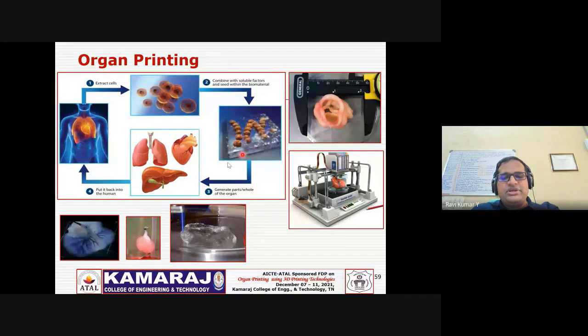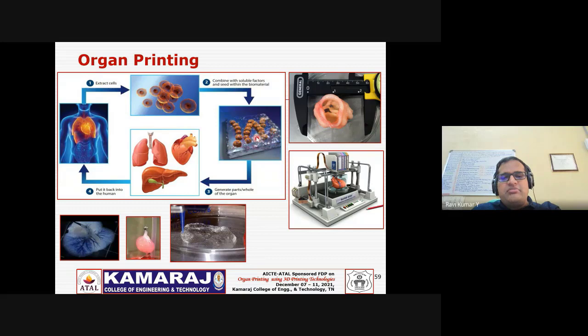Before it is implanted, you may test it against the mechanical properties of the organ as such, the cells it consists of, and whether it is on par with the native organ.